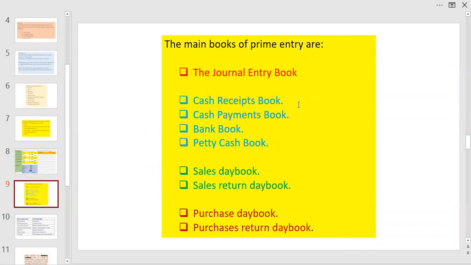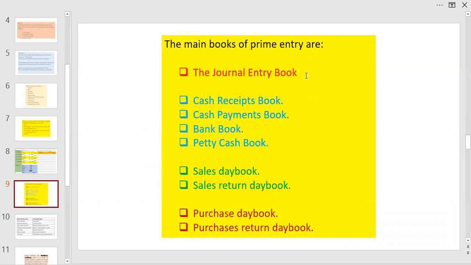Therefore, the journal is accommodating all transactions which are not accommodated by any other daybooks. General journal is the original book of prime entry. It's an all-purpose book of prime entry, and now in use it is kept only for special events or non-recurring events.